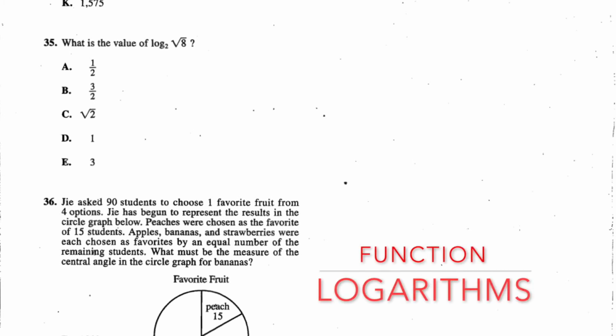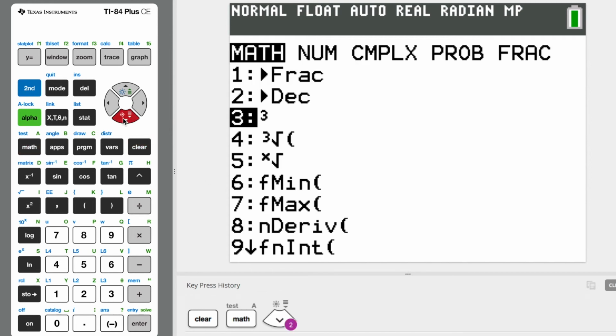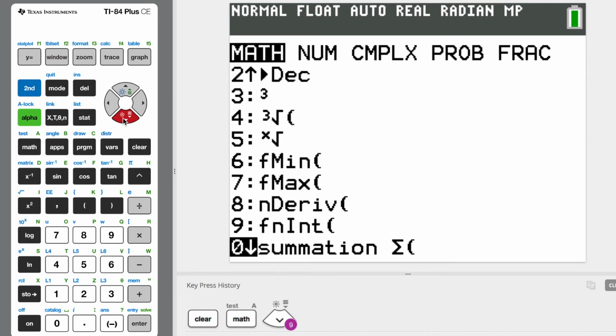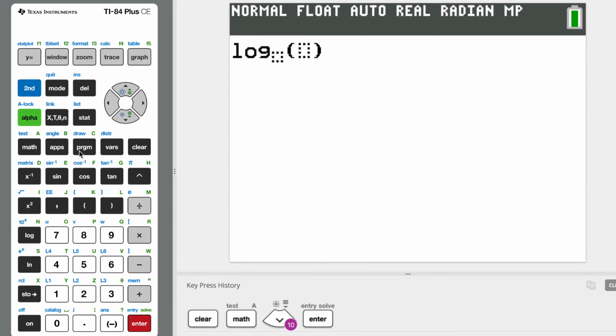Number 35 is a function question, and we're dealing with logarithms. What is the value of log root 8 with base 2? Now, what you can do is just plug this into your calculator, and if you have a graphing calculator, this is extremely simple. If you go to your graphing calculator and you press Math, and you scroll all the way down to log base, press Enter, then you can just input these two numbers.